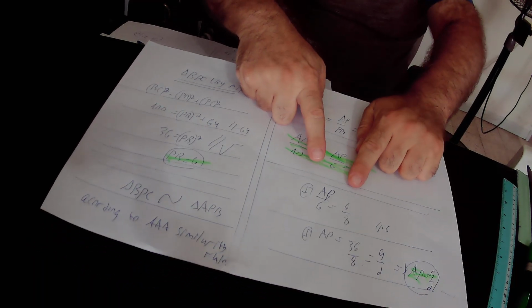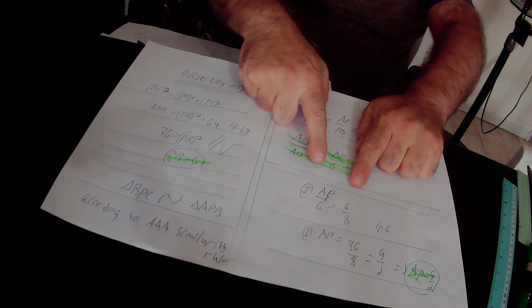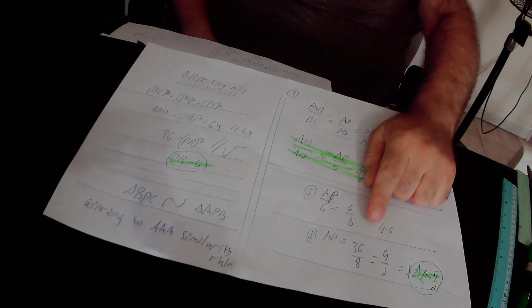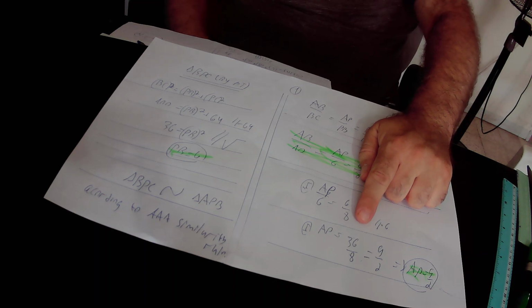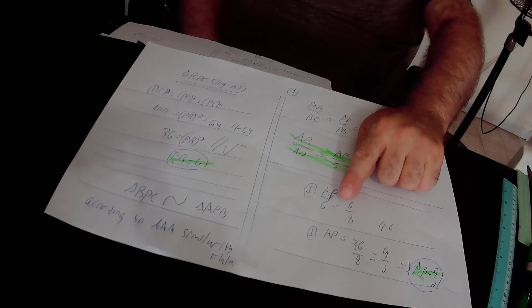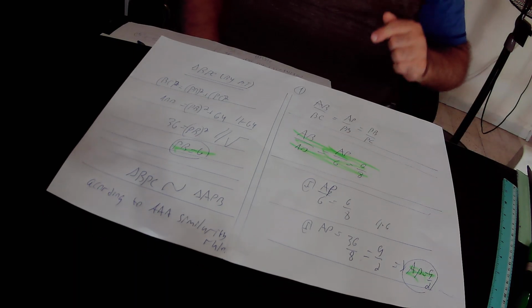Here we multiply this equation 1 by 6 and finally find that AP equals 6 times 6, which is 36, over 8. Here we divided both the numerator and the denominator by 4 and found that 36 over 4 is 9 and 8 over 4 is 2. So in total AP equals 9 halves.